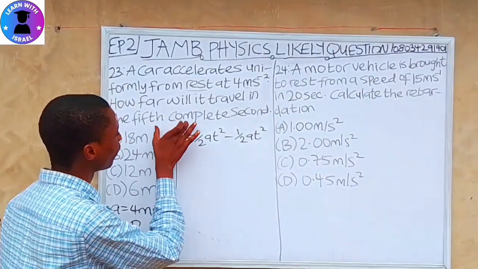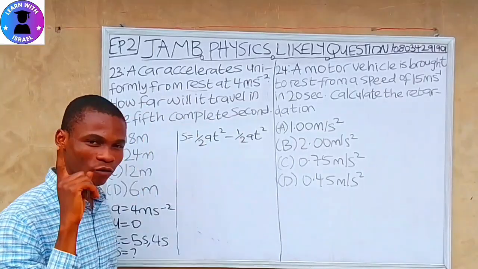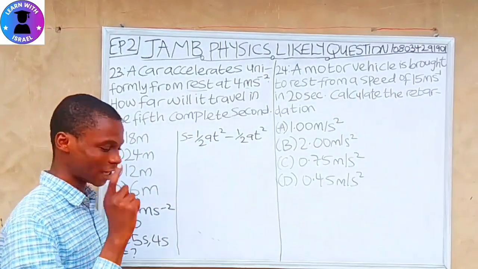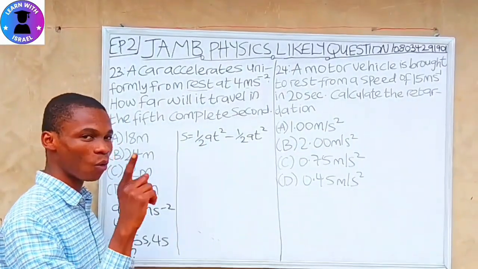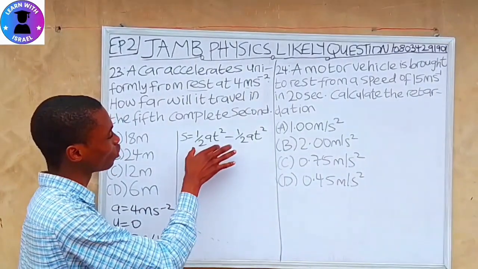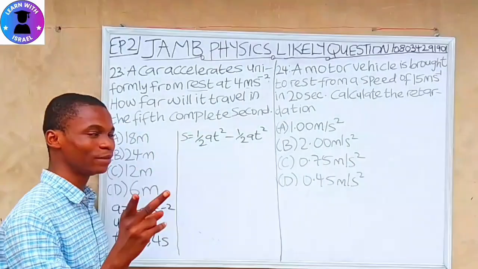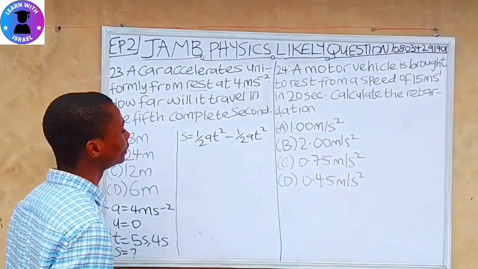When solving this kind of question, use this formula. Assuming we were solving for 1 time, we would have gone for only this. But since we have 2 times in the question, we'll solve it like this.